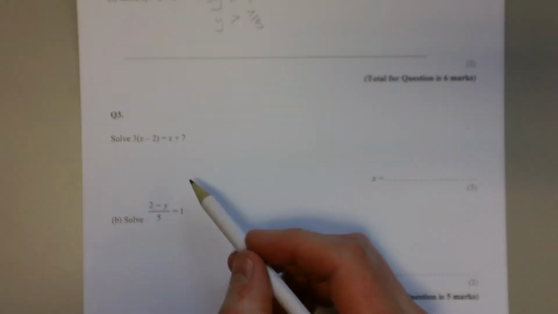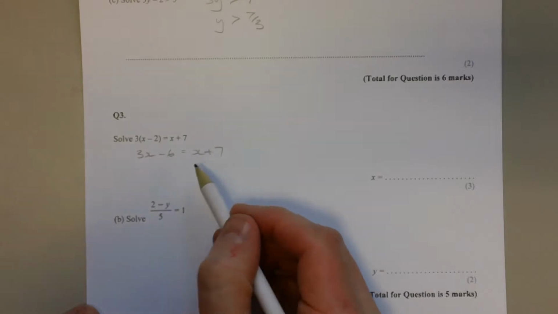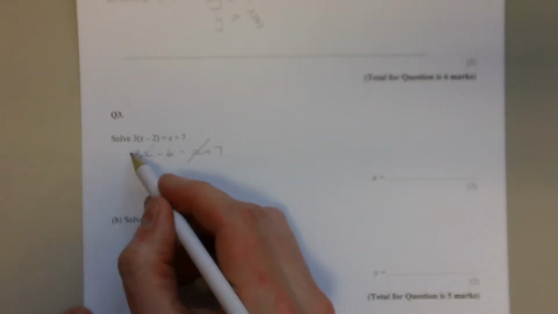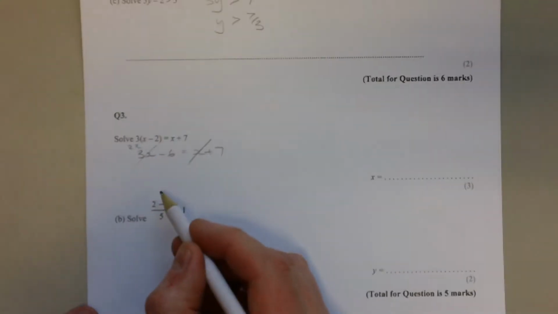Question 3. Probably worth expanding the bracket on this one. 3 lots of x minus 2 is 3x minus 6. That equals x plus 7. Get rid of the x on the right hand side. We have to get rid of the x on the left hand side to balance things up.